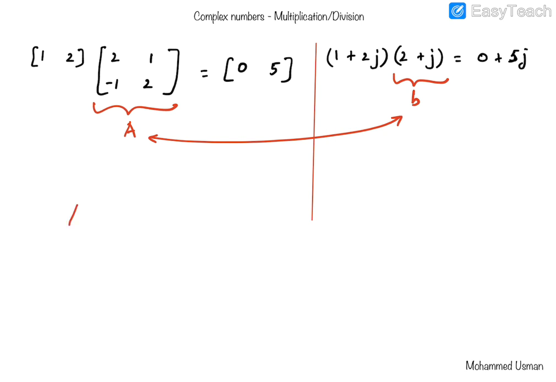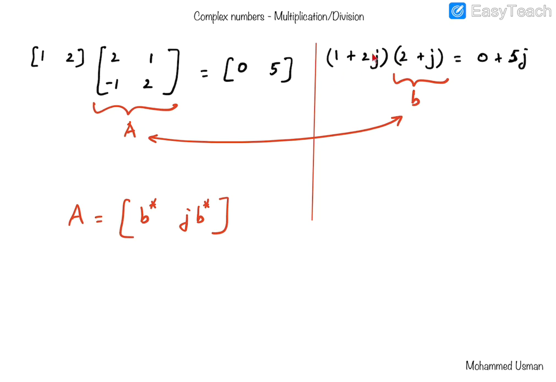So to summarize, this matrix A is given by the columns B star and J times B star, where B star is the complex conjugate of the complex number B.